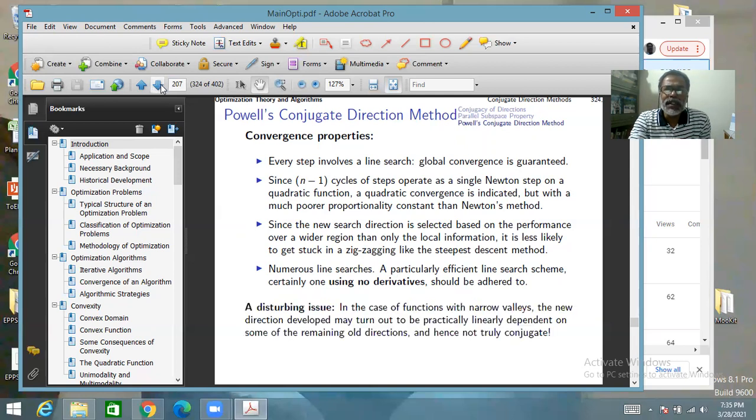Now, one concern which appears quite often is that linear dependence problem.